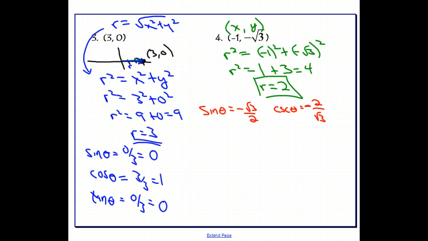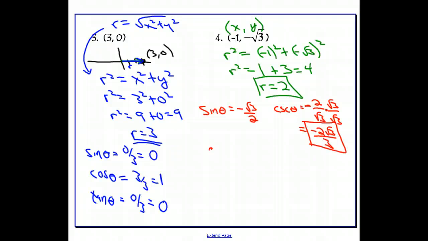You can't leave square roots on the bottom of a fraction. So we multiply the top and bottom by square root of 3. And on the top I get negative 2 square root of 3. And on the bottom I get just a 3. Square root of 3 times square root of 3 is just 3. Really good practice. And I end up with that answer, negative 2 root 3 over 3 for the cosecant.